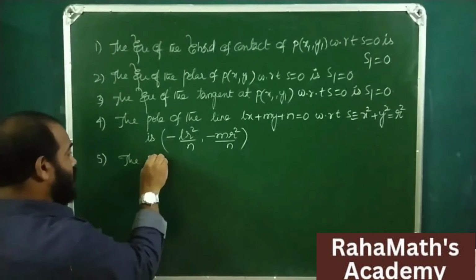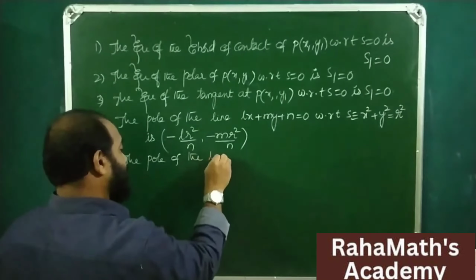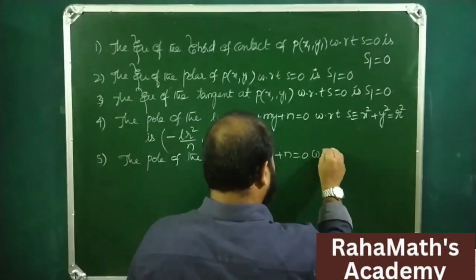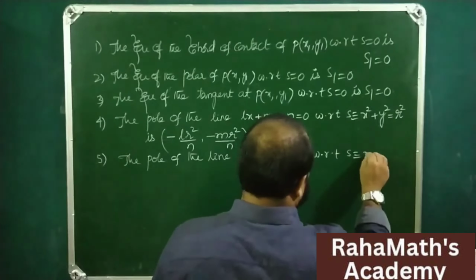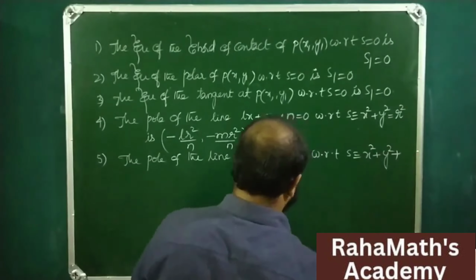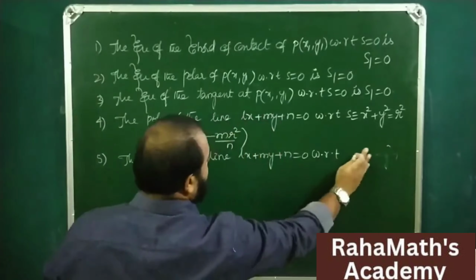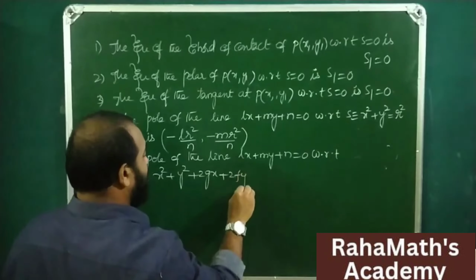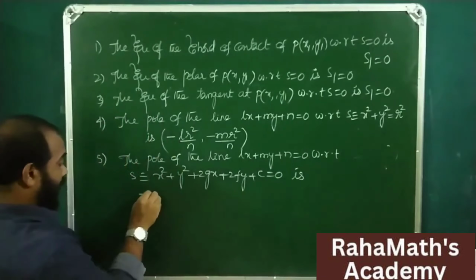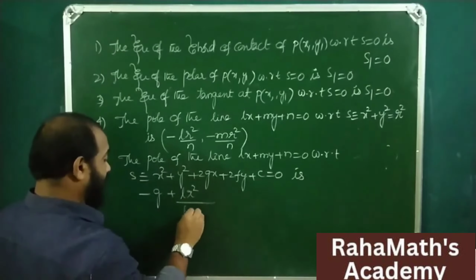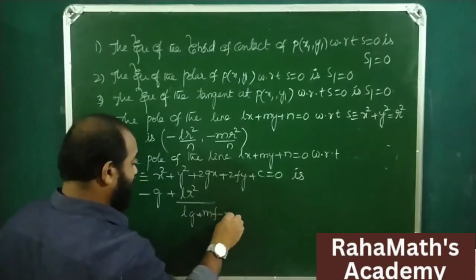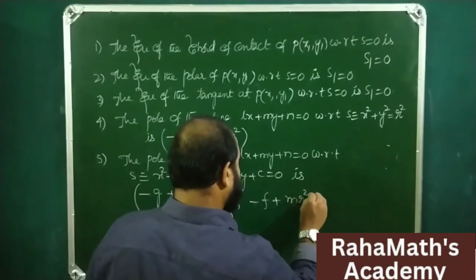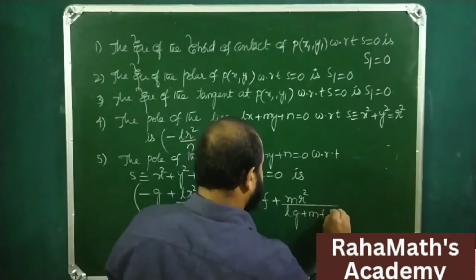The pole of the line lx plus my plus n equals 0 with respect to the general equation of the circle S: x square plus y square plus 2gx plus 2fy plus c equals 0 is minus g plus lr square by lg plus mf minus n, comma, minus f plus mr square by lg plus mf minus n.